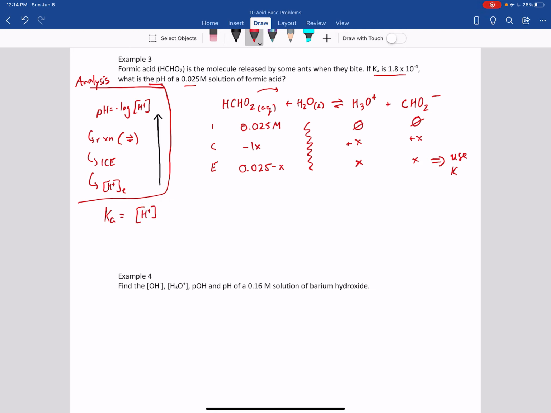We've got H plus over CHO2 minus divided by HCO2. So when we substitute everything, and we were given a K value here, 1.8 times 10 to the -4, I'm going to simplify that to x squared over 0.025 take away x. So we have that take away x term.